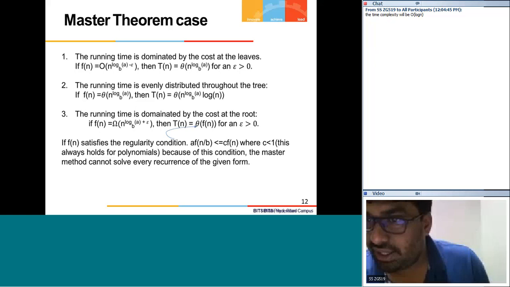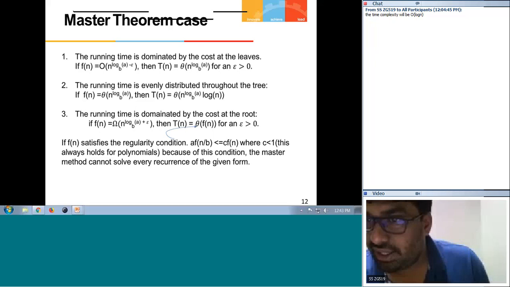So what happens in case 3? See, case 3 is very similar to case 1, but the epsilon value is positive. Whenever you are getting theta of f of n, you should check for something called regularity. What is the regularity condition?